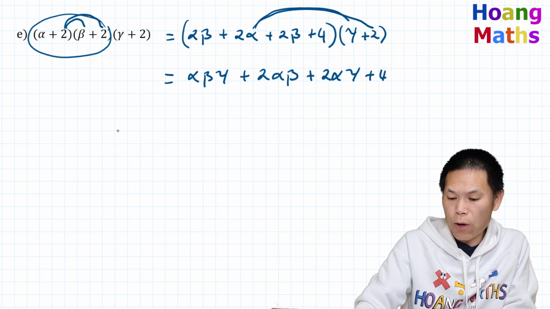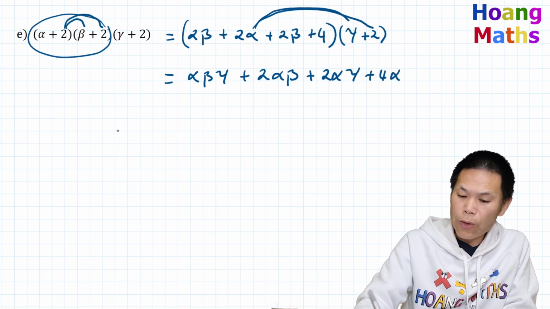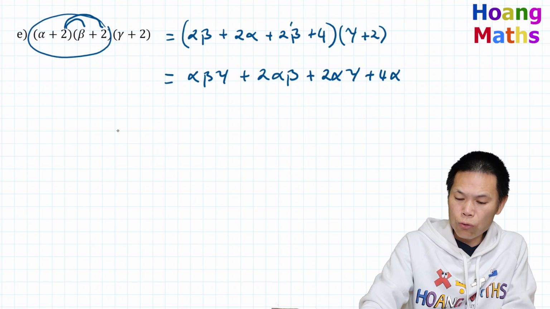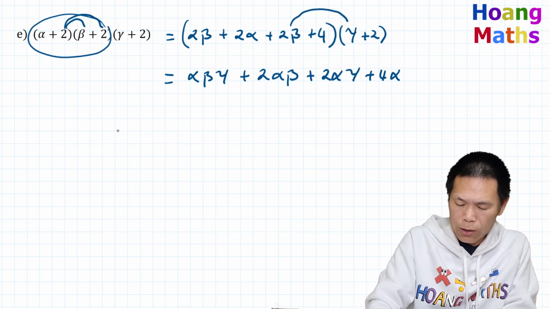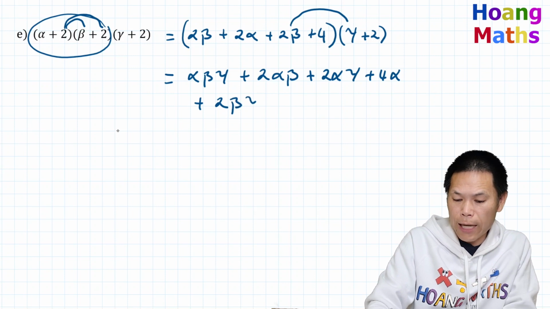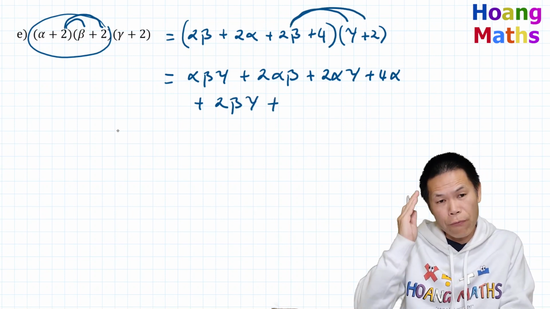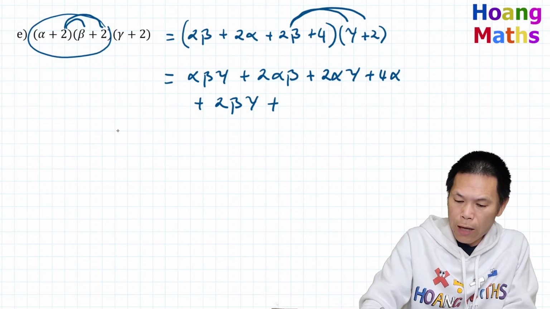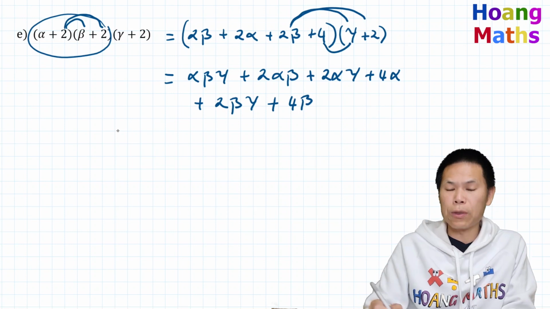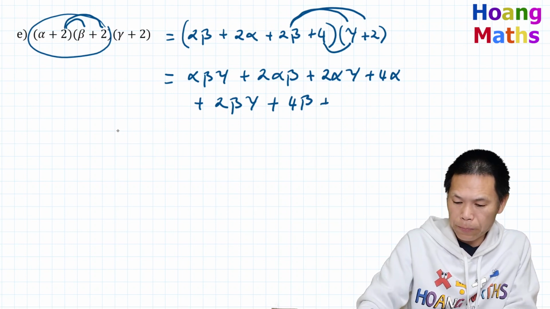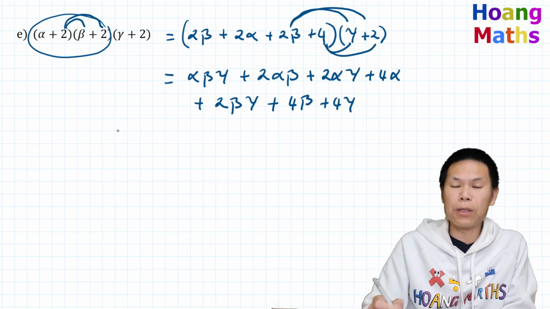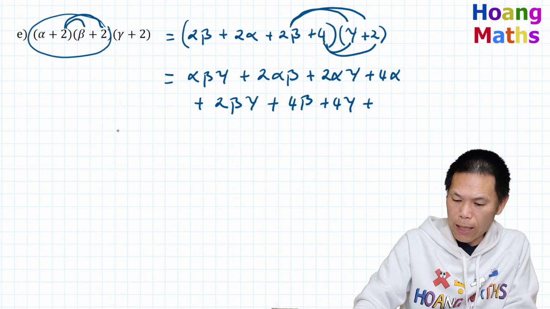So plus 4 alpha. There you go. And now we move on to 2 beta times that. So that is equal to 2 beta gamma. And then we add 2 beta times 2. So that gives me 4 beta. So we add 4 beta. Now we just go 4 times this. Gives me 4 gamma. And 4 times this gives me 8. We add 8.